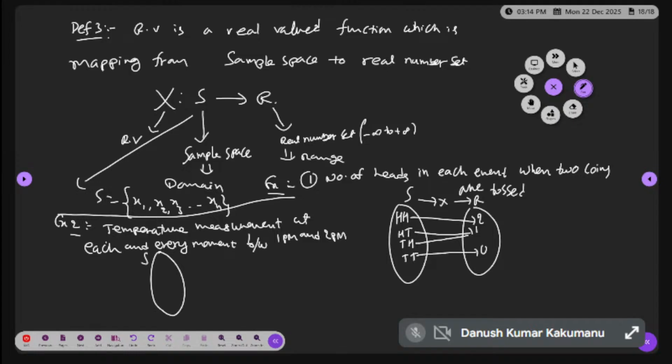This is a sample space. It is mapped to the real number set. Random variable is mapping sample space into the real number set.